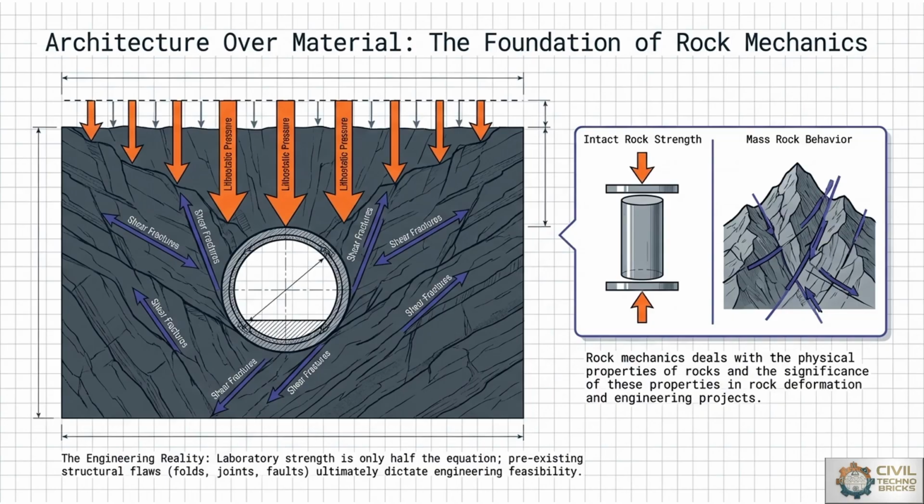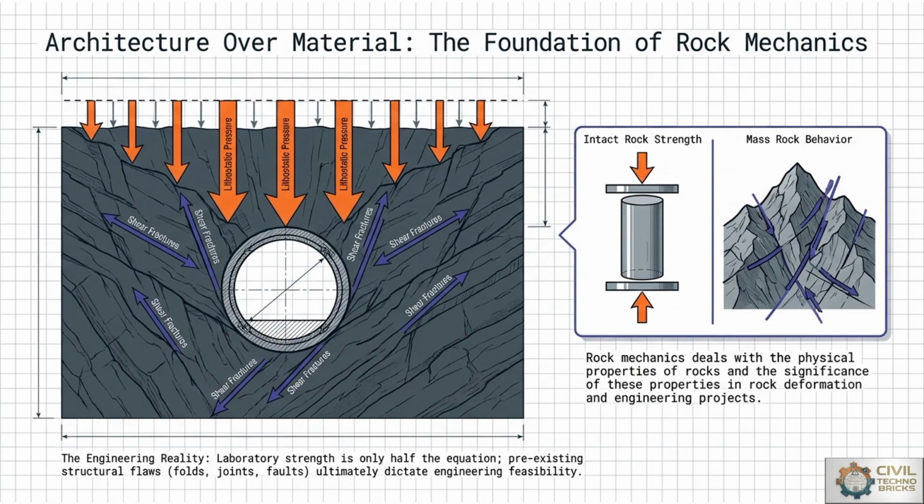Means the lithostatic pressure influences rock deformation and which affects the engineering characteristics of subsurface rock formations, which are explained in image 1, where the shear frictions are applied with reference to the lithostatic pressure in orange color and blue color likewise. So with reference to civil engineering, structural discontinuities often control foundation stability, tunnel performance, and slope safety more than the laboratory rock strength or laboratory testing.